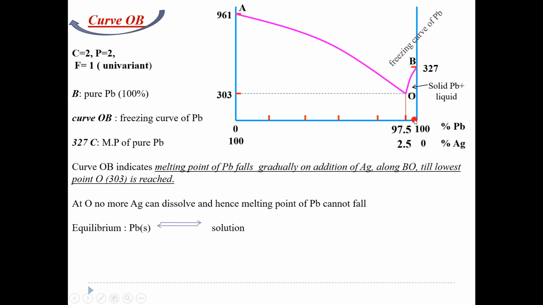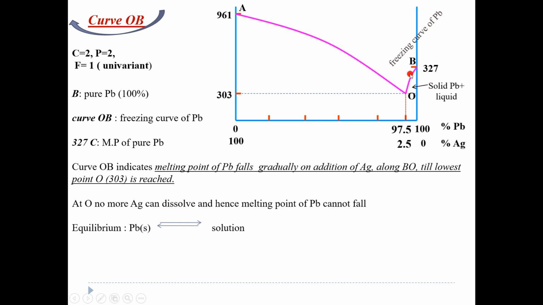And if you go down over here, here we are talking about 100% lead. So B is pure 100% lead. Curve OB is a freezing point of lead and the melting point of pure lead is 327, and the decrease in the curve indicates that melting point of lead decreases as you go on adding silver. See, from right to left you are increasing the quantity of silver. Yes or no?